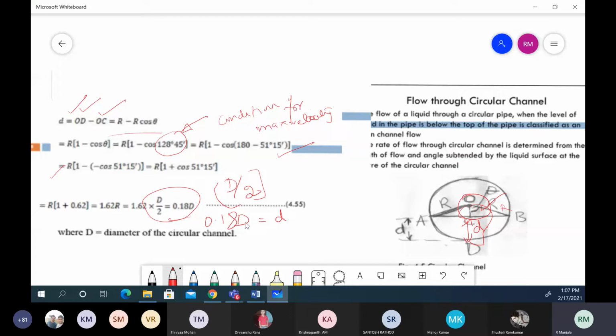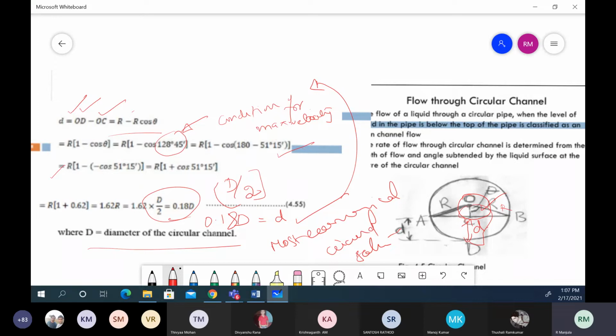Now this is the condition for maximum velocity for a most economical circular section. So when theta is equal to 128 degrees, when small d is 0.81 times capital D, you get the most economical circular section.